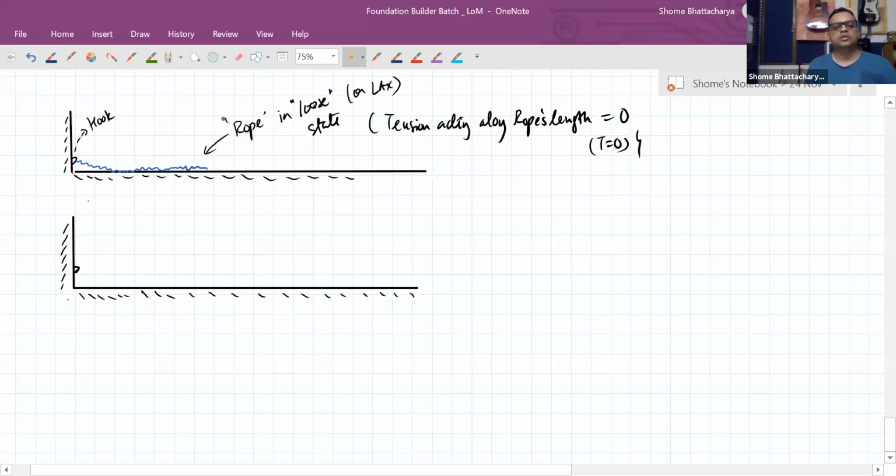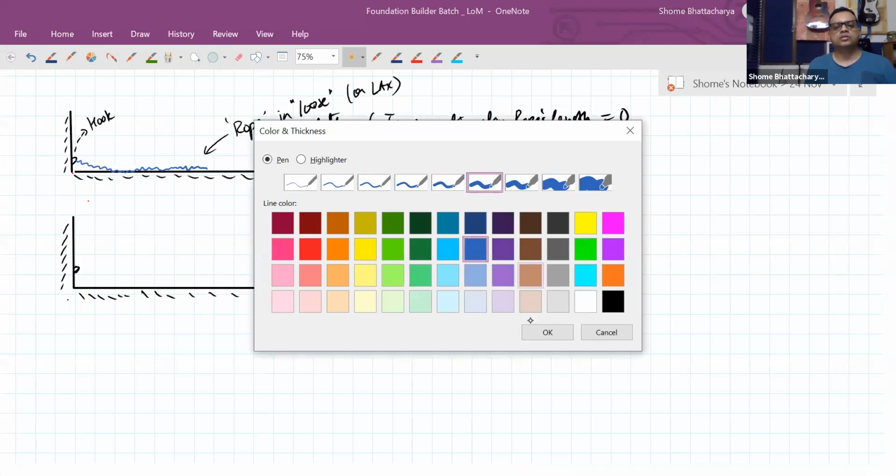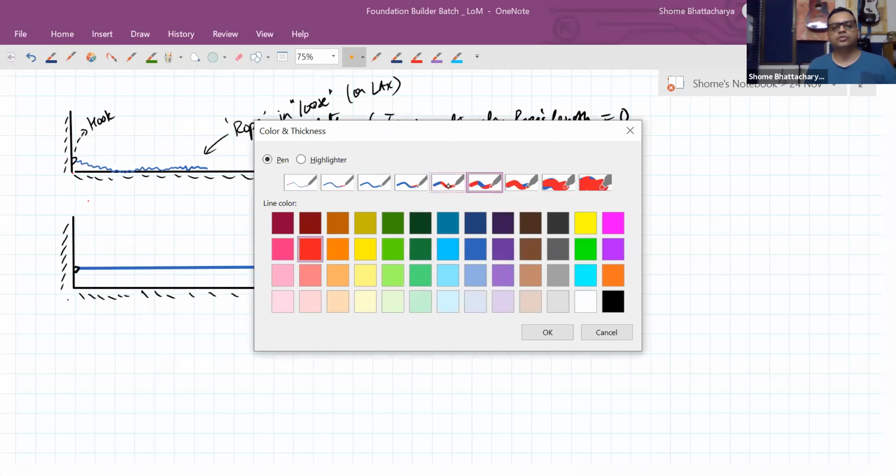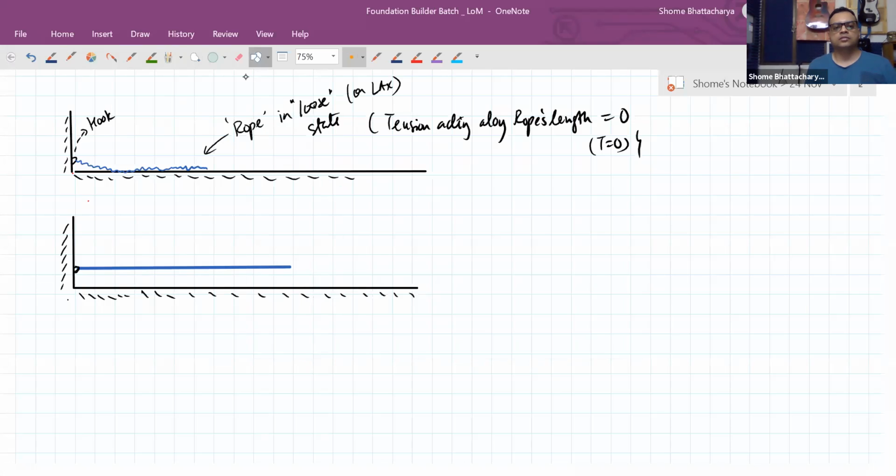Now if we take the rope from that state above to this state below, that it's straightened and it has some tension in it, because we have applied some external force on it. So it's changing the state of the rope from being loose or lax to a state like this.